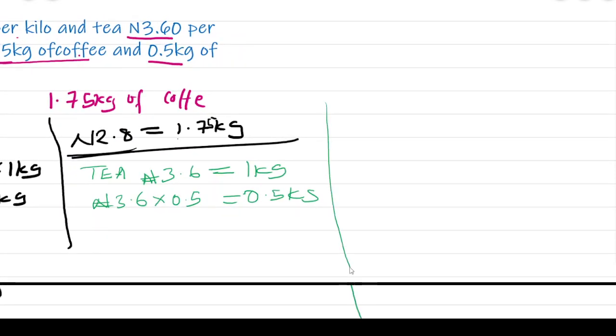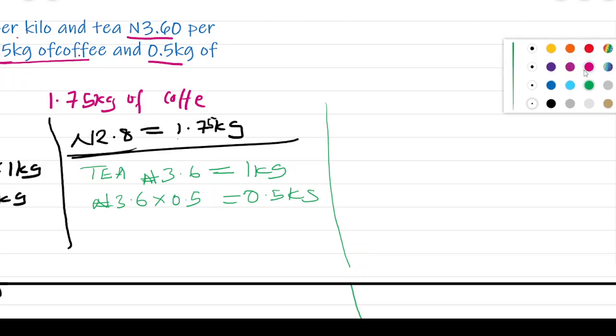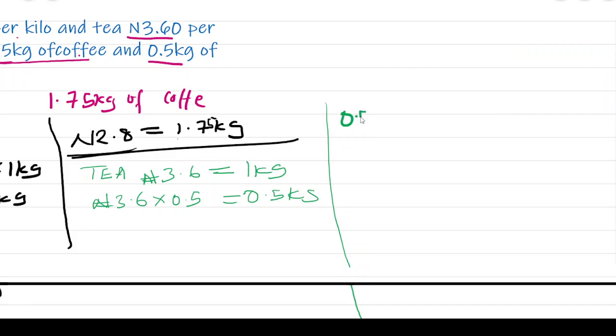So 0.5 kilogram gives us 3.6 multiplied by 0.5, which is equal to, let me work that out to save our time, 1.8 naira. That is the price of 0.5 kilogram of tea.